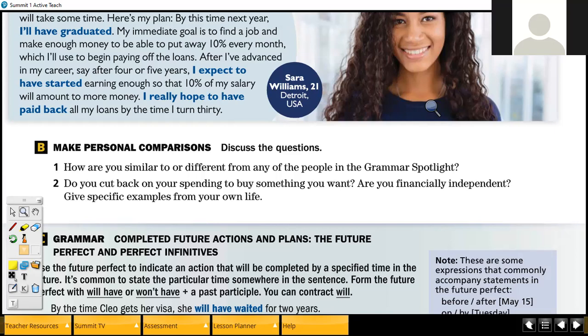I'm not financially independent, but I like to save money, and with that I hope to develop a profitable business.